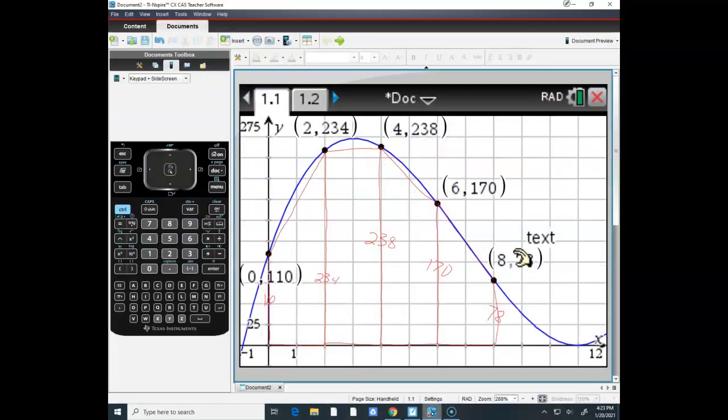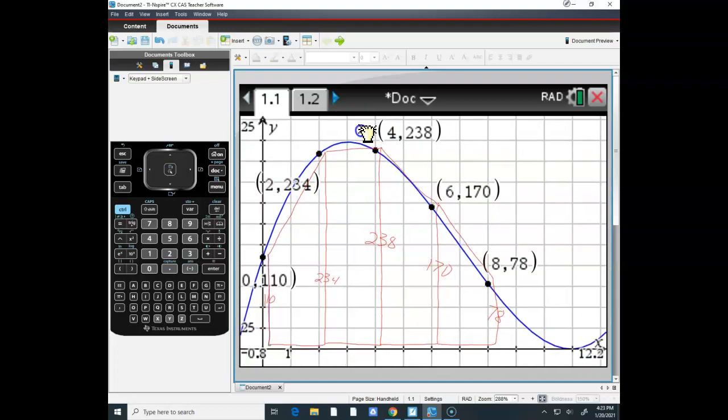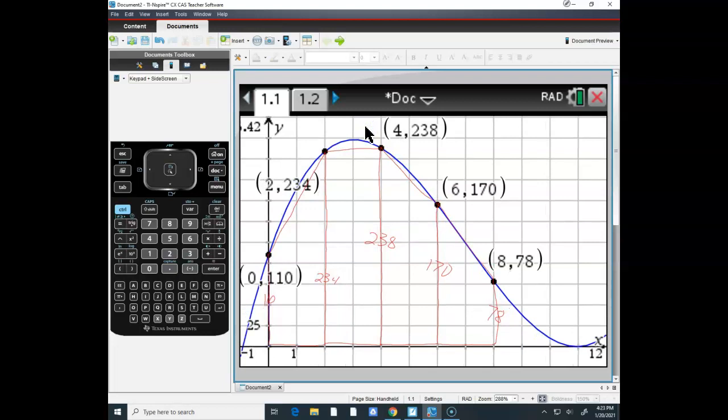Well, if I come back to my graph, I'm thinking the fastest that she went is right up there, isn't it? If that's my velocity, her highest velocity is her highest speed.